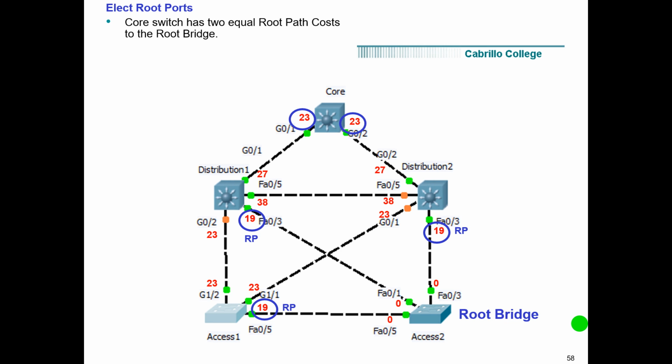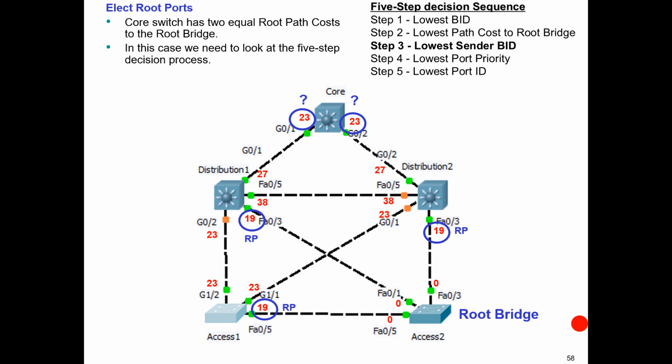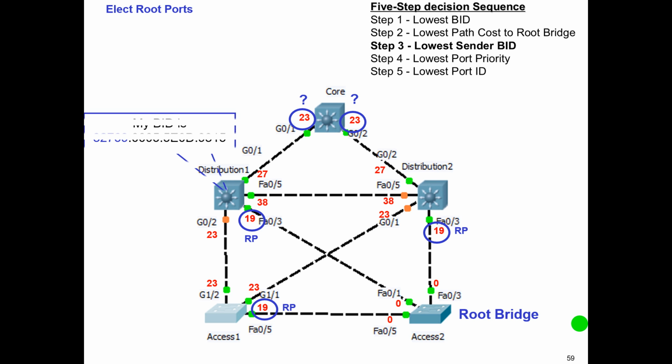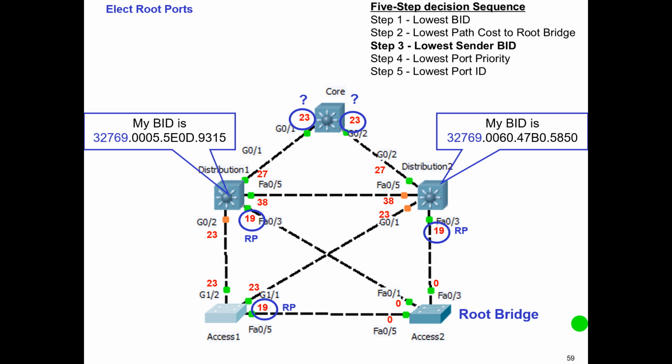The core switch has two equal cost paths. In this case, we need to look at the 5-step decision process again: lowest root bridge ID, path cost, sender bridge ID, port priority, port ID. So we'll actually look at the sender bridge ID to see which is the lowest.